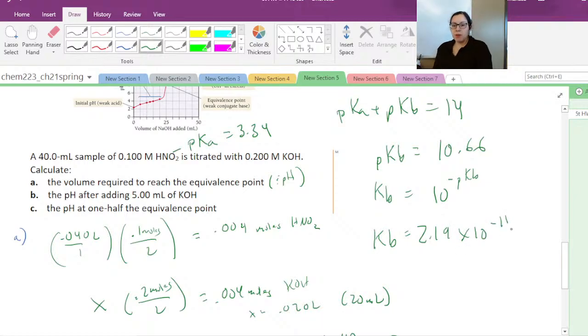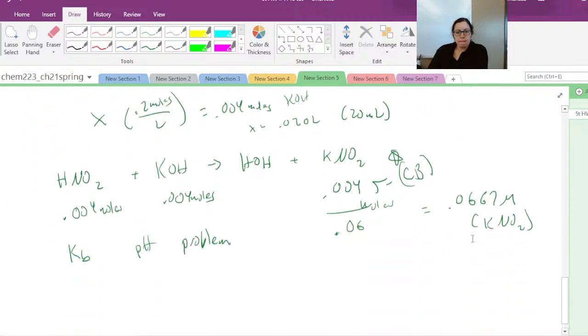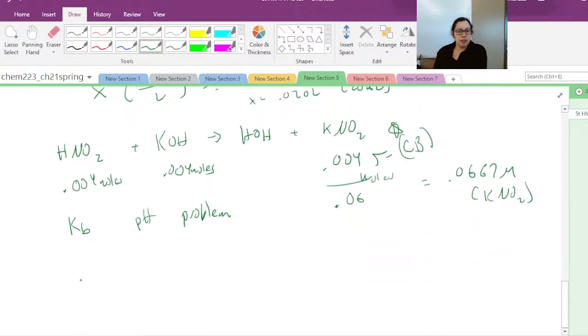All right, so now we're ready to do our RICE equilibrium, right? So it's just like we've done with all our weak acids. So we are ready. So now let's just set up what our reaction is formally.